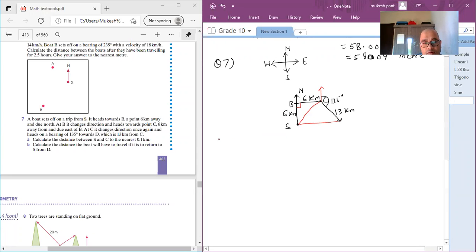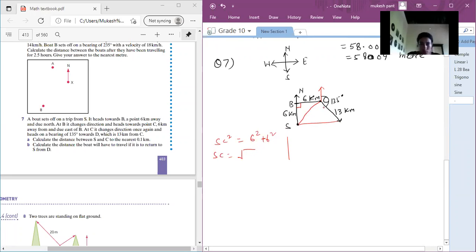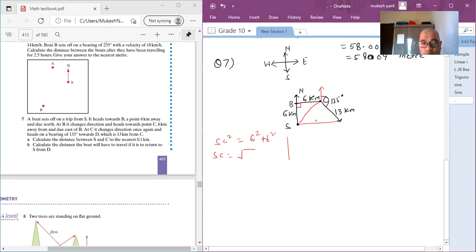So to find SC square, you take the square of 6 plus the square of 6. So SC equals the square root of this. You can solve this with the help of a calculator. You need to solve it first, then we will be able to find SD.